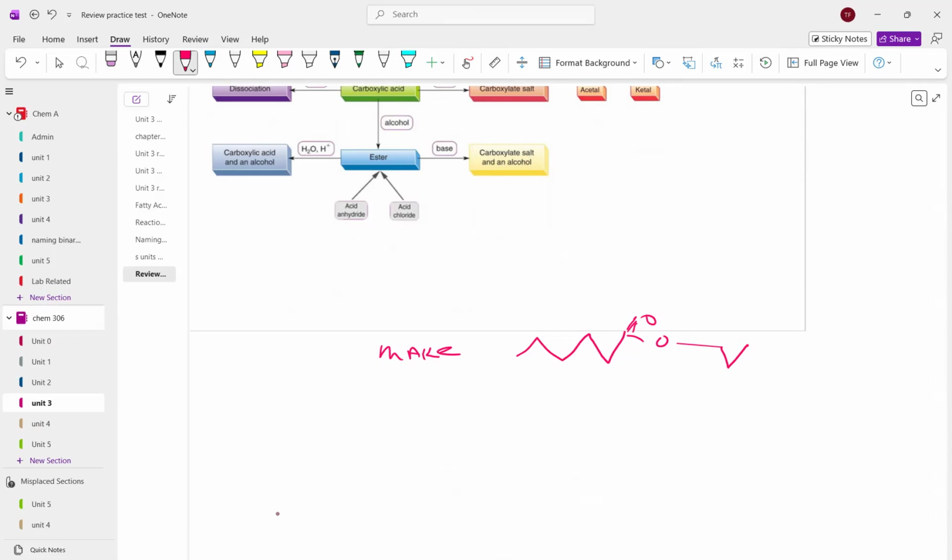Remember, with making esters, it can be the acid plus the alcohol. That's a six carbon acid, 3 carbon alcohol.